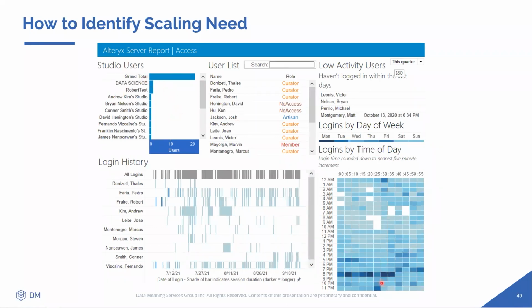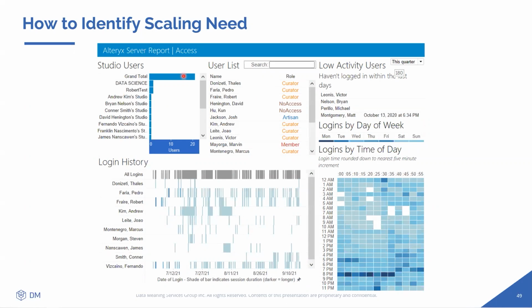So when the users are logging in, it's separated by time, but you can see the number of logins per day as well. In the login history, you can see how many users we have in any of the studios. So the idea is, okay, maybe I need to scale my worker or my gallery.